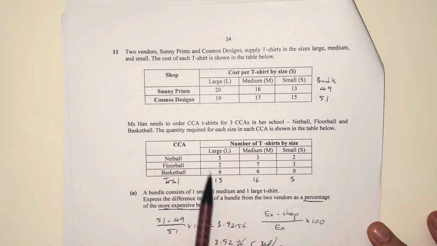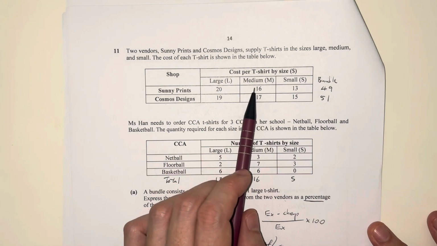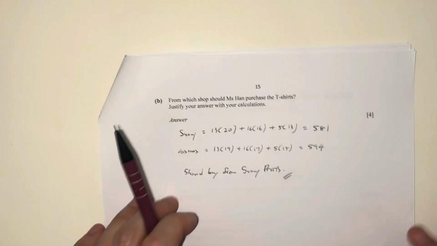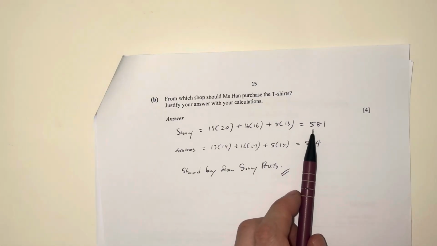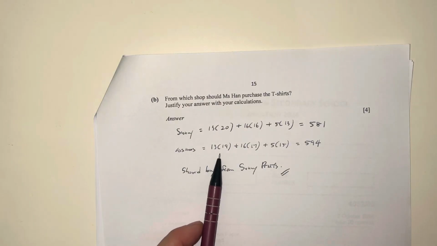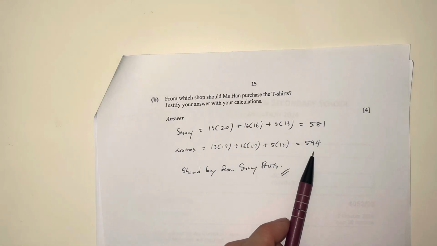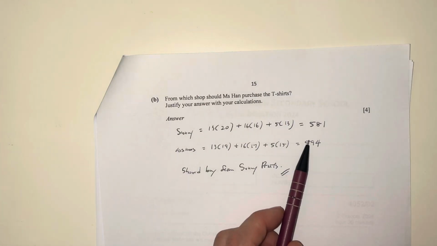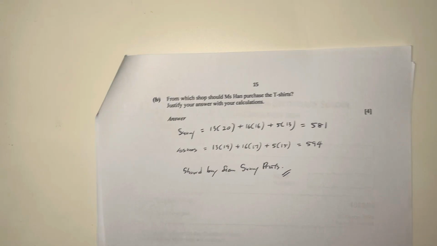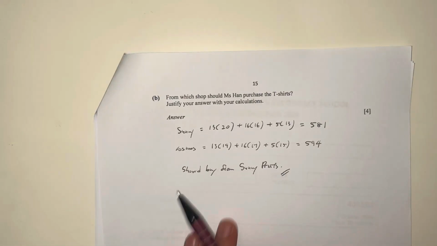So that will be 20 times 13, plus the 16 times the medium price, plus 13 times 5. So that's exactly what I'm doing here. And then the answer is 5-something. I do the same for Cosmos with the different prices from Cosmos. I get this. So which one is higher? Obviously Cosmos is higher, so I should buy from Sunny. That's it. So this is actually very simple.